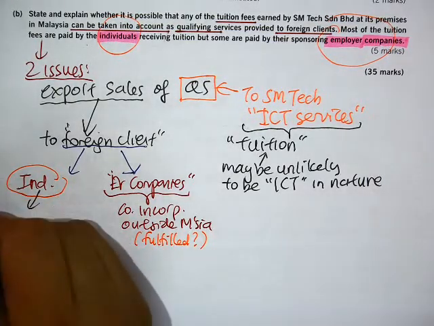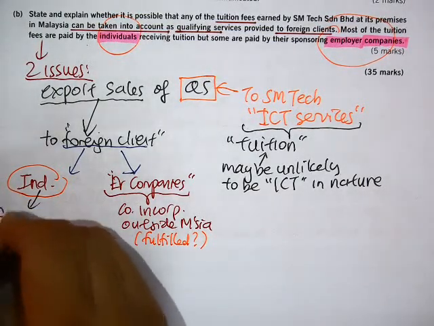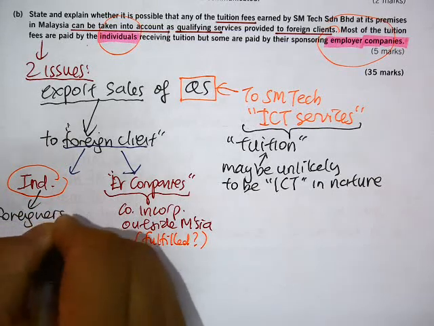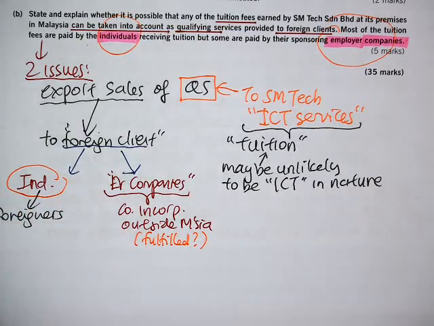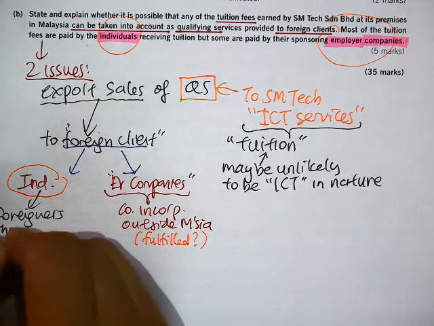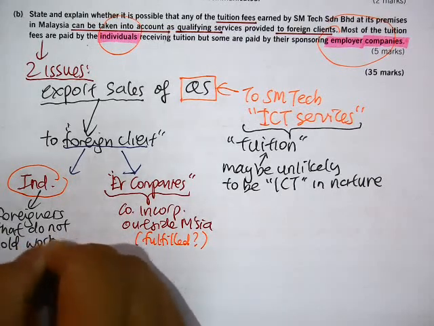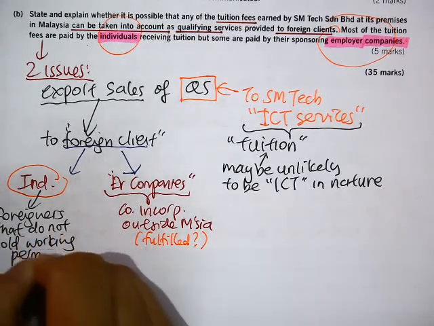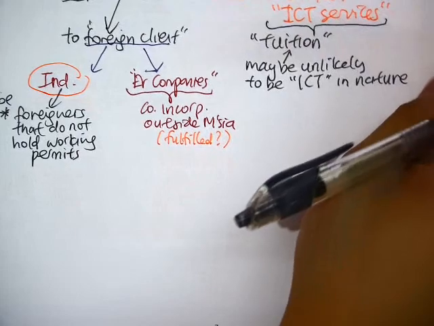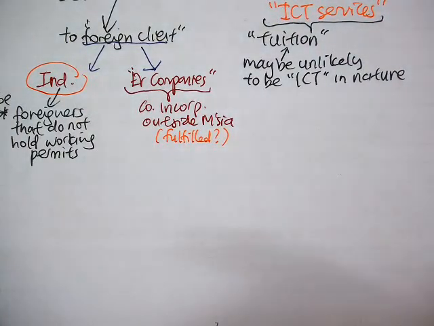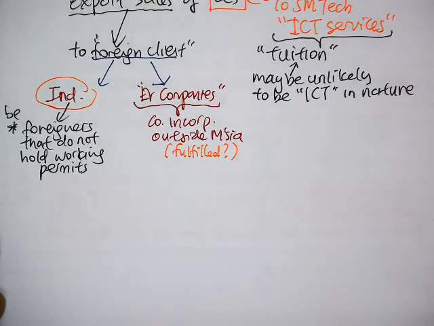There was a definition of foreign client in terms of individual. Then it must either be foreigners, non-Malaysian citizen, that they do not hold working permit. Correct. So the moment you have foreigners that hold working permit, then we don't regard that as foreign client.